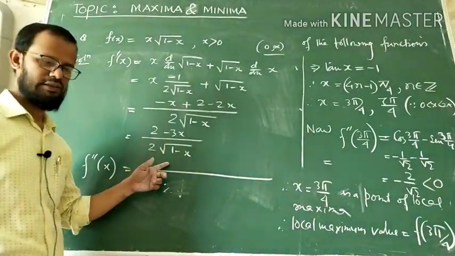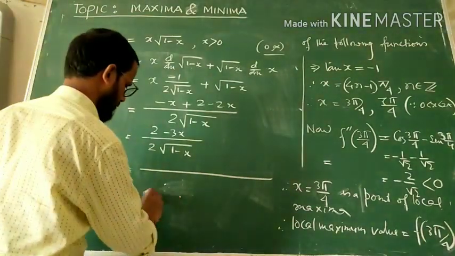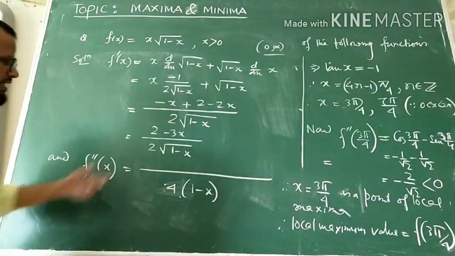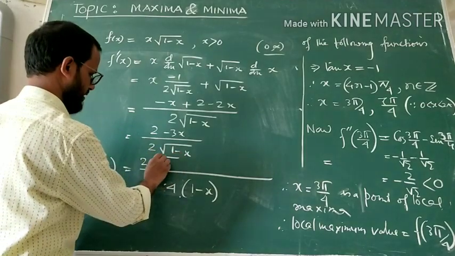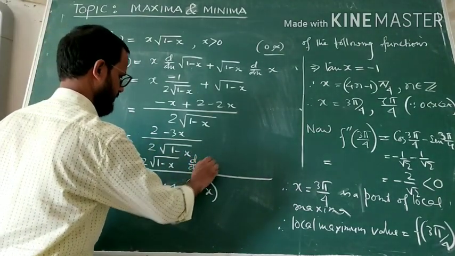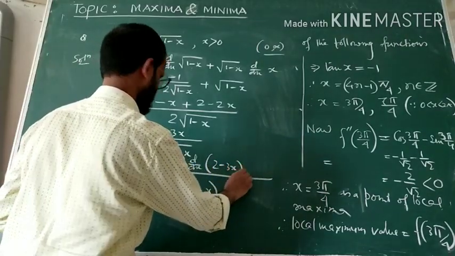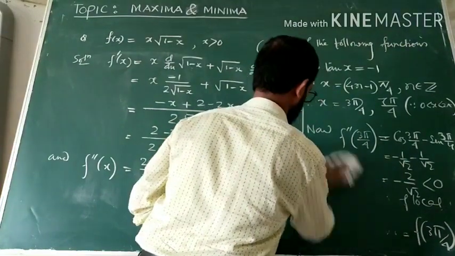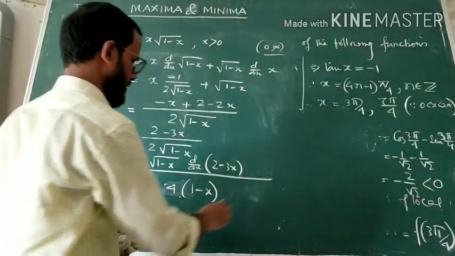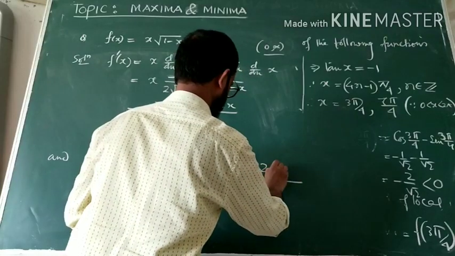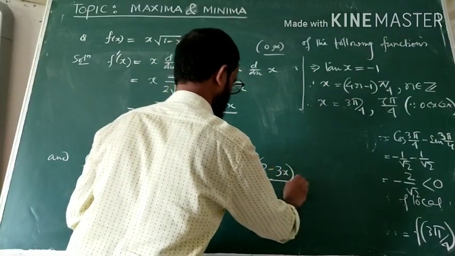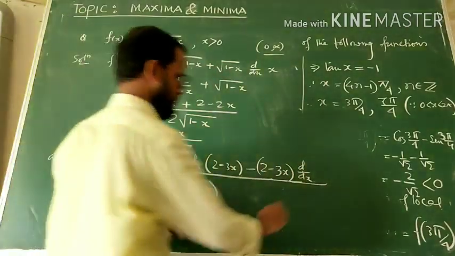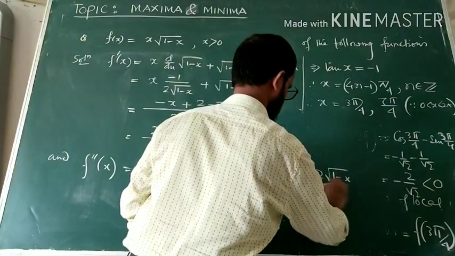What happens in u by v? d/dx of u by v has v squared in the denominator, so 4 into 1 minus x, and the numerator is v into d/dx of u, that is 2 into root over 1 minus x into d/dx of 2 minus 3x, minus u, that is 2 minus 3x, into d/dx of v, that is 2 into root over 1 minus x.